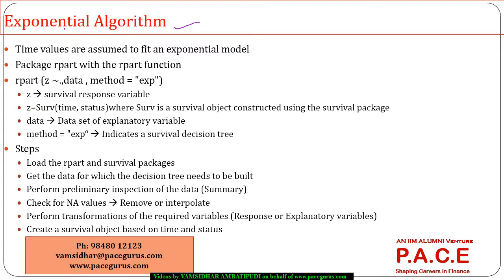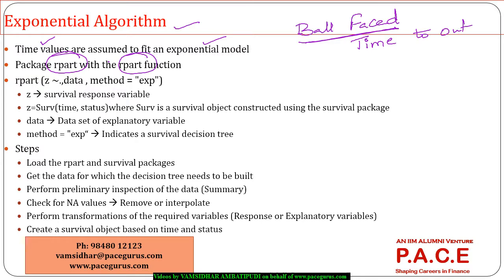The assumption here is that the time values, in our case the balls faced, because we have taken balls faced for this example, are the time related part here: time to out, balls faced to out. So the time values are assumed to fit an exponential model. For that, we will install the package rpart, and I will use the rpart function again here.